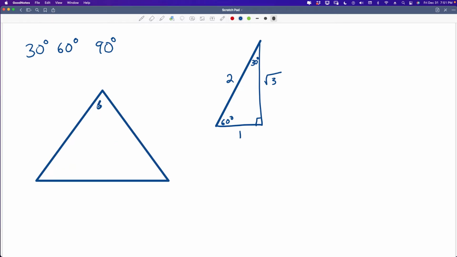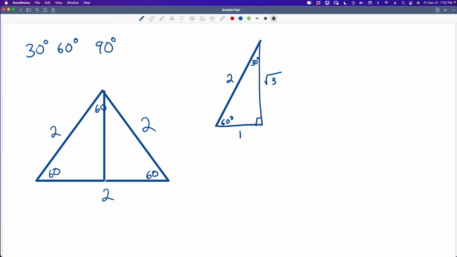So this is 60, this is 60, and this is 60. So we start with that, and we give them all the same length right here, right? Next, on the left, we draw the perpendicular bisector right here.